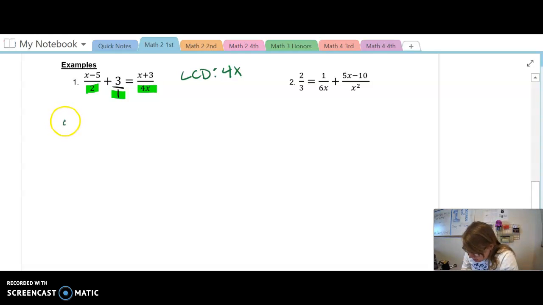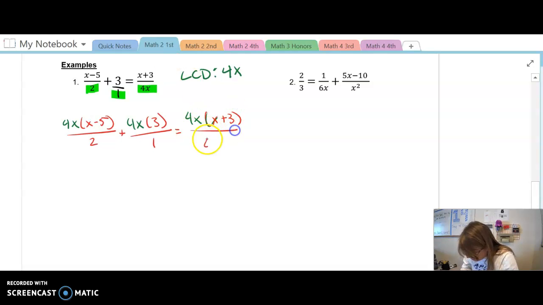So I'm going to do 4x times x minus 5 over 2, and then 4x times 3 over 1, and then 4x times x plus 3 over 4x.